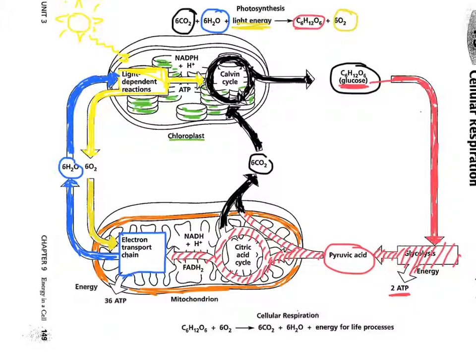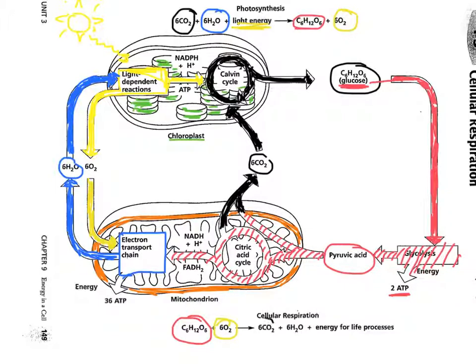So as you can see, cellular respiration is going to be just the opposite of that. So you're going to get a little bit of that glucose that you are now going to combine with the oxygen. And what you're hopefully going to try and get out of there is some energy.